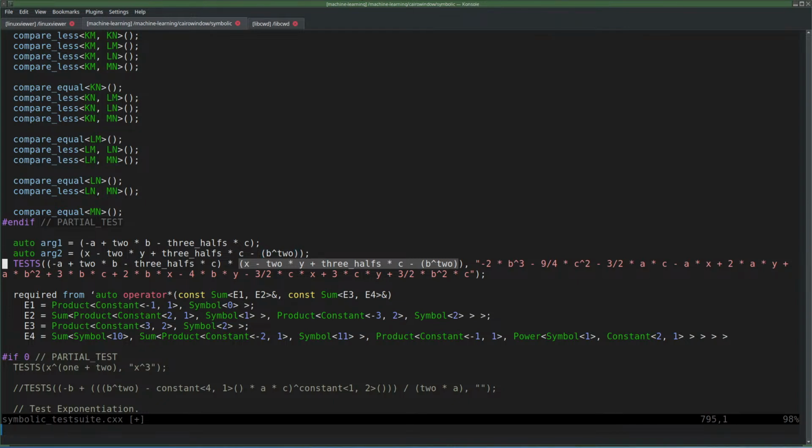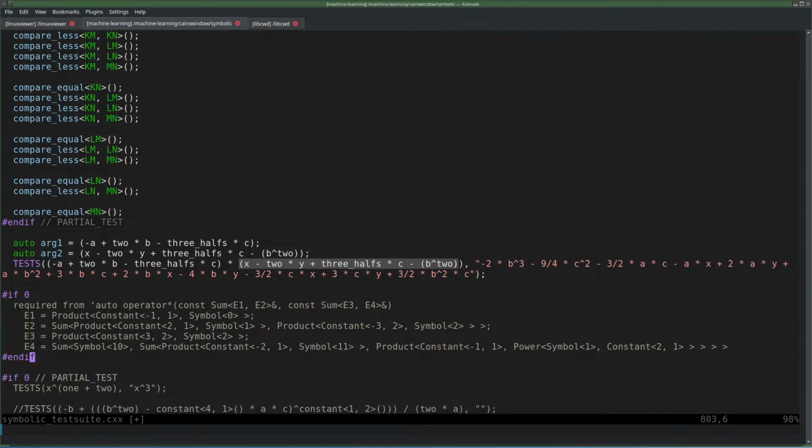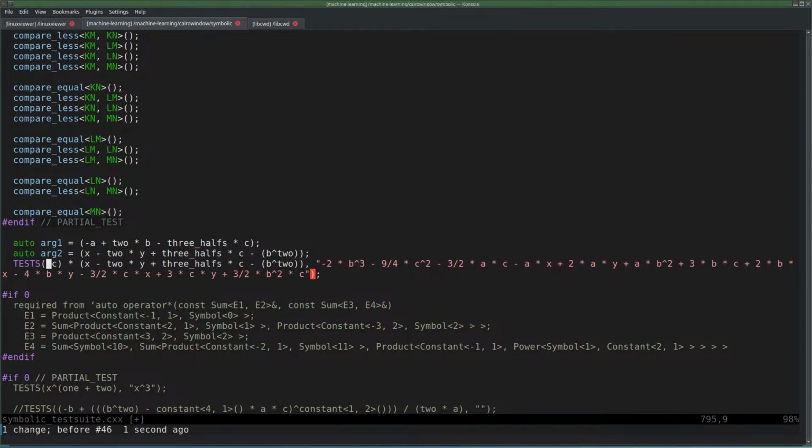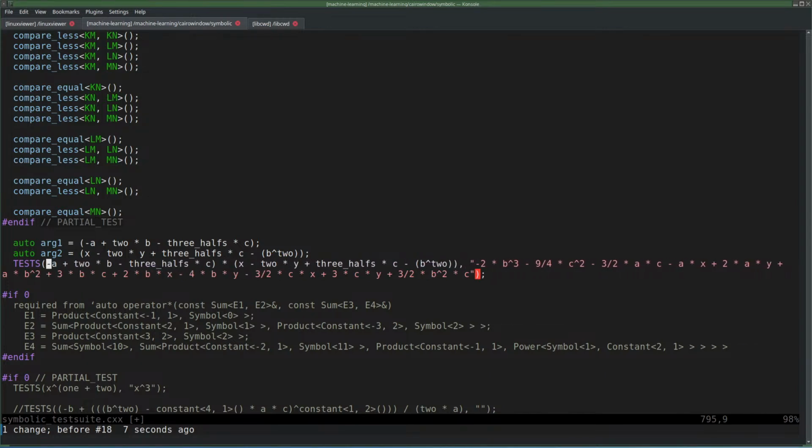And that should not give problems. No, it's just multiply. No, wait a minute. If I do that, then I don't know anymore what it was.